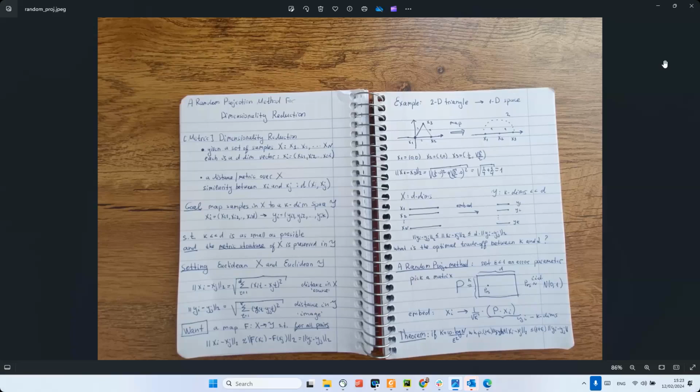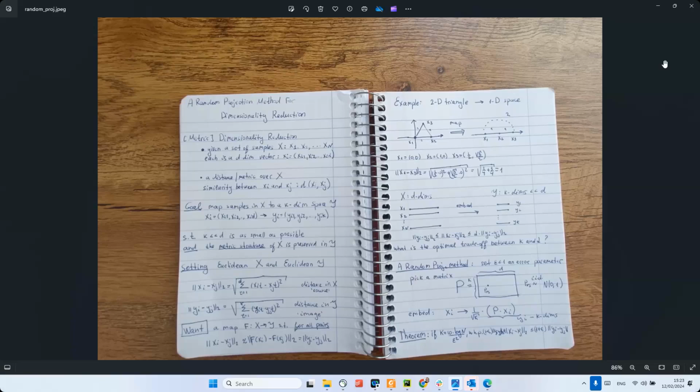Okay, so again, we have n points. We are going to reduce dimension for a finite data set of points, not for the whole d-dimensional space. We have a fixed set of n points in d dimensions, and we want to embed them into k dimensions. K is small, as small as possible.